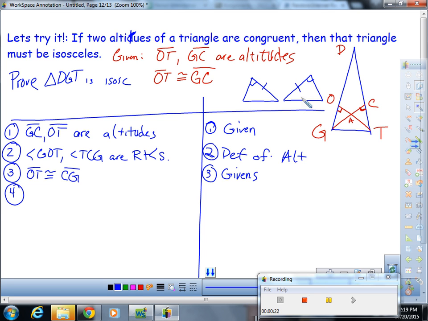Okay, so if I could get that the hypotenuses were congruent, which would be these, then I could use HL. Okay, well, that's easy. I just got to use reflexive. Okay, so now I can say that GT is congruent to GT. And that's reflexive.